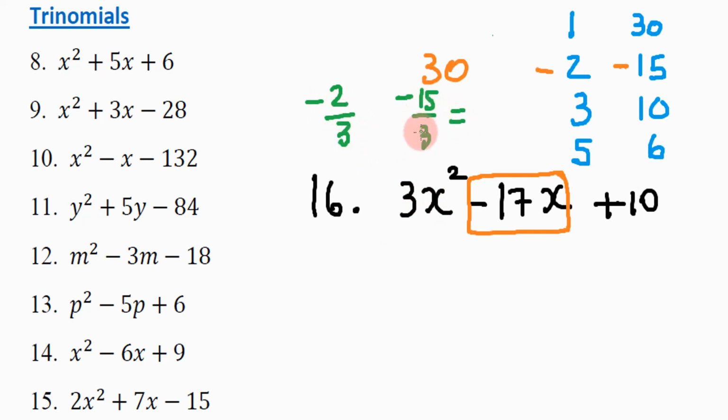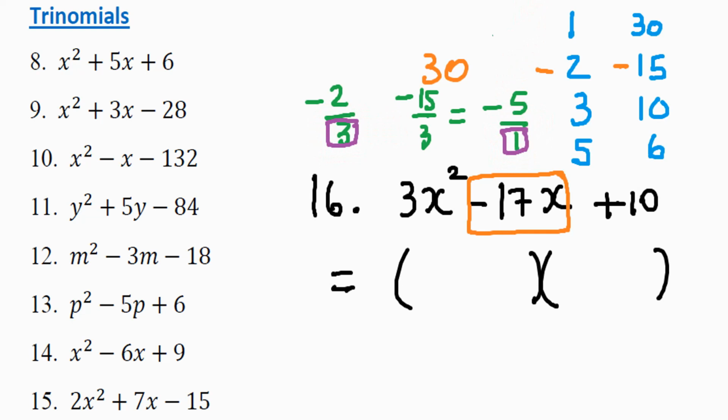Of course, here we can simplify. Negative 15 divided by 3 is negative 5, which we can write as negative 5 over 1. So we can open two sets of brackets. Then the numbers at the bottom here, in other words 3 and 1, we will multiply by x.